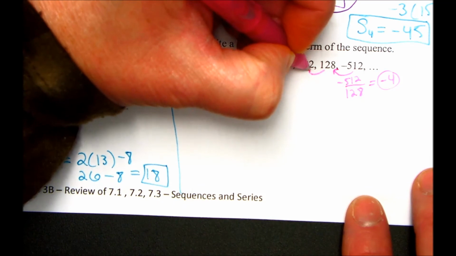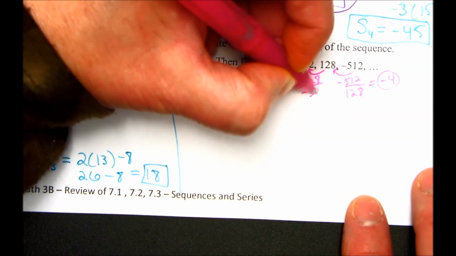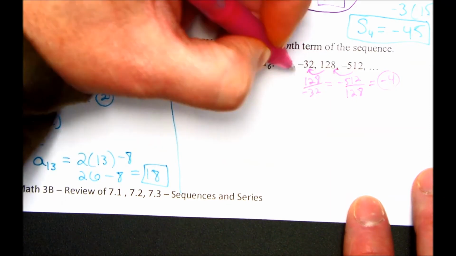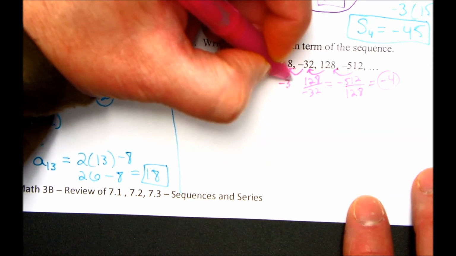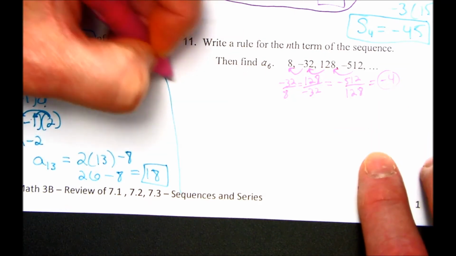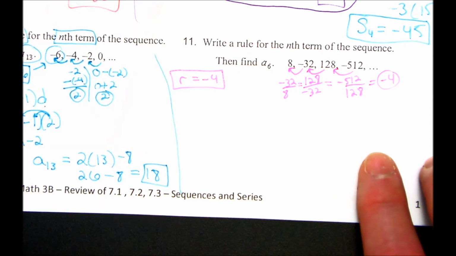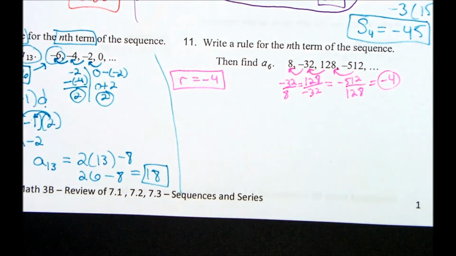If I do the same thing with the next two terms, 128 divided by negative 32, that also equals negative 4. And negative 32 divided by 8 also equals negative 4. So our common ratio is negative 4. That's also going to be the base in our exponential expression.